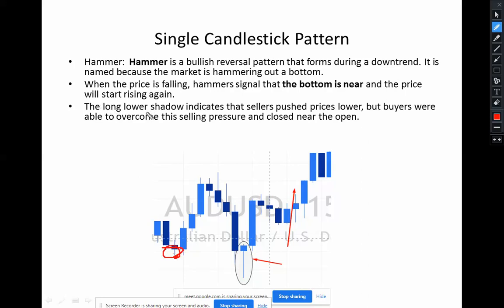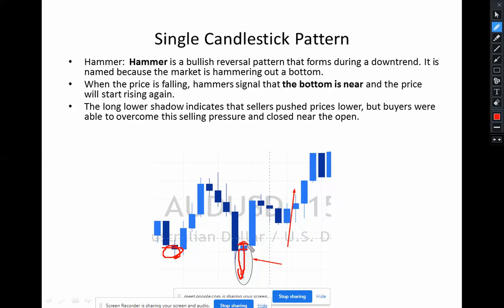The long lower shadow indicates that the sellers pushed the price lower, but buyers were able to overcome the selling pressure and close near the open. This is the open and this is the close.